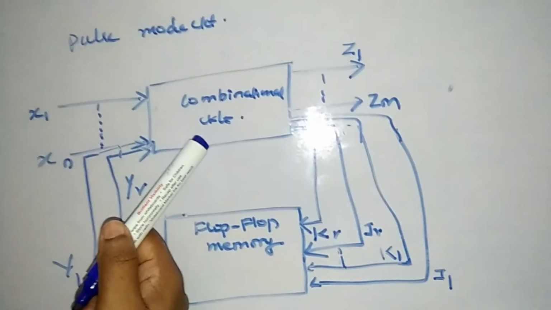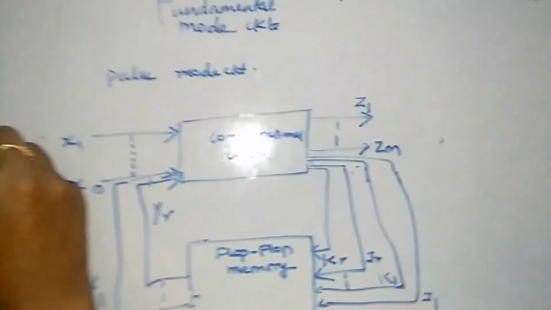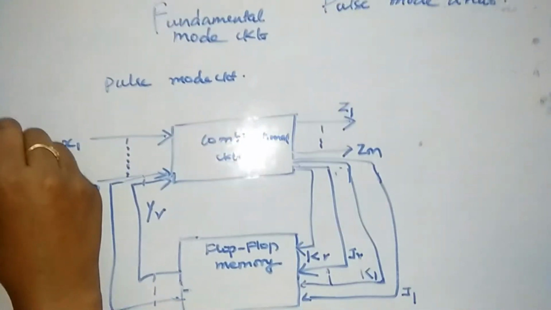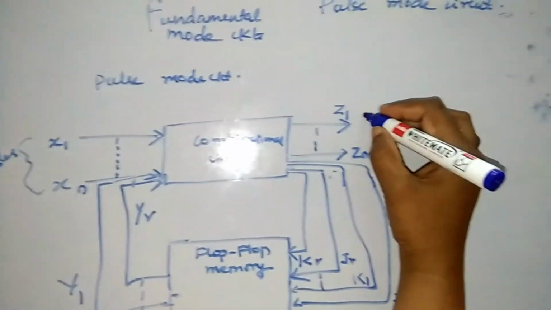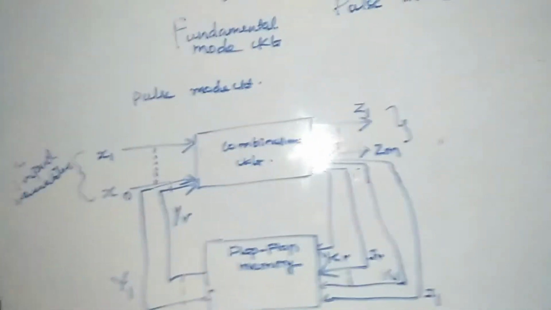You can see over here you have a combinational circuit. You have X1 to Xn as your n input variables, and you have Z1 to Zm as your output variables.